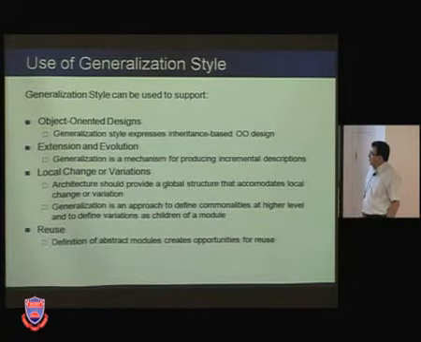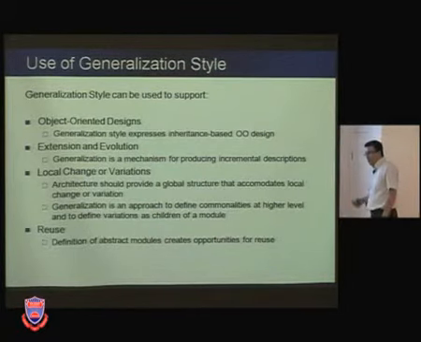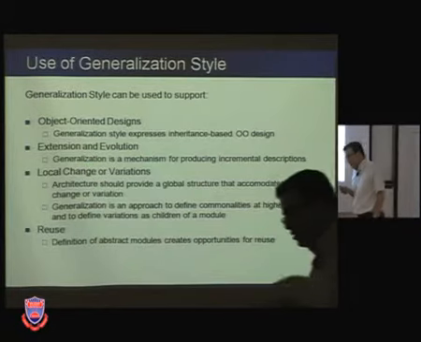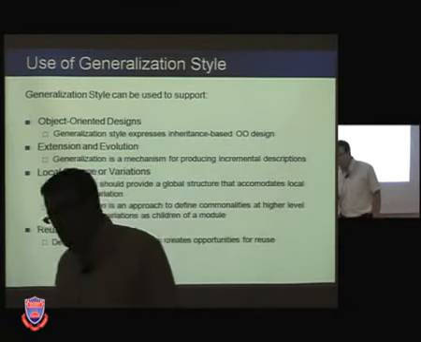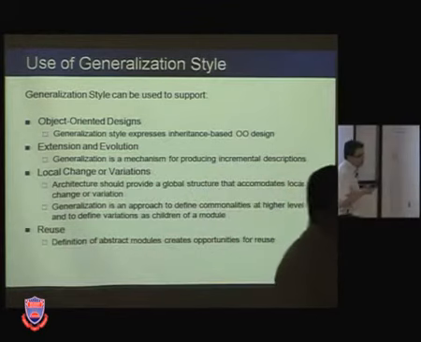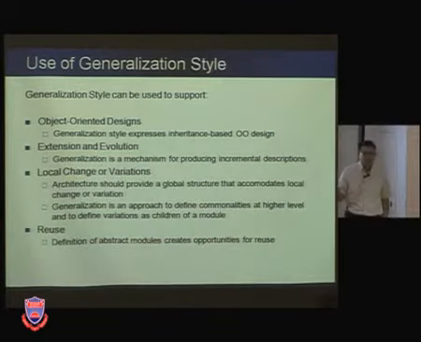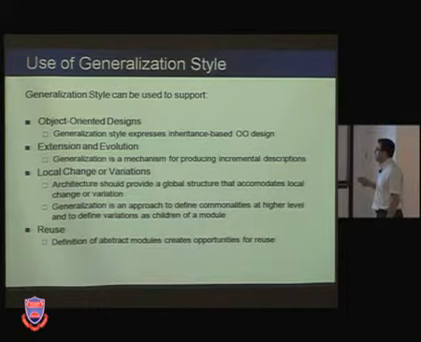Local change or variations. One of the key issues is that architecture should be stable. Stable means that you should have some common parts, that's necessary. But also you need some variations.